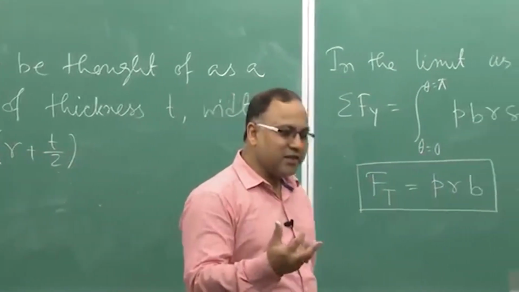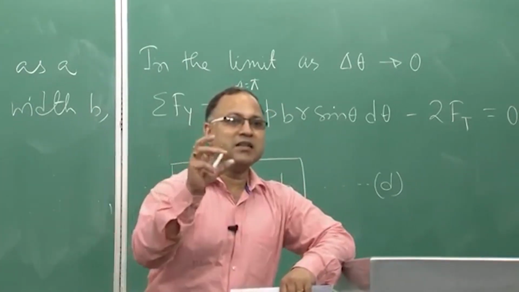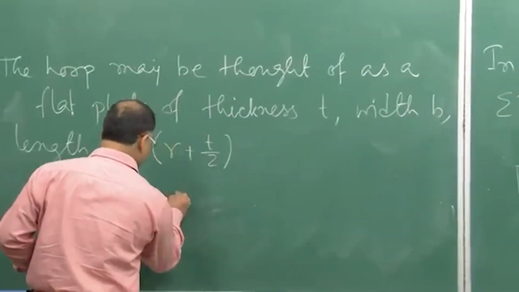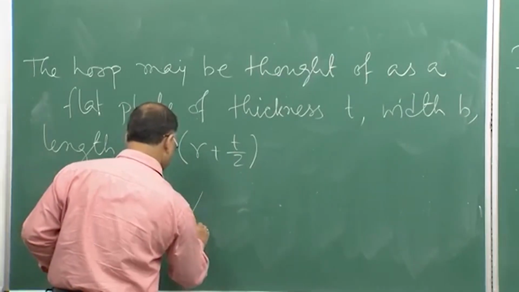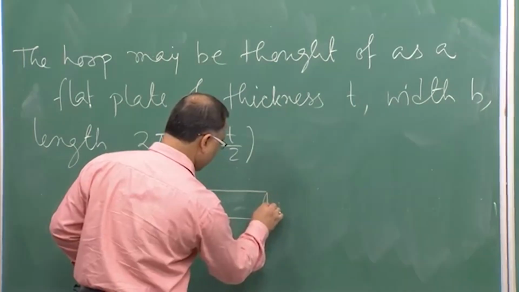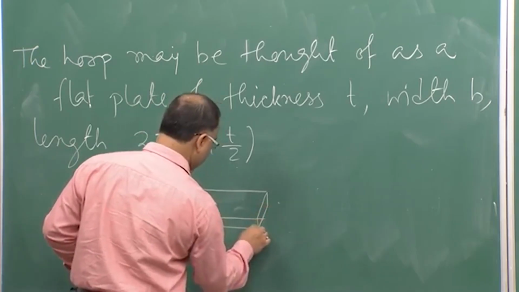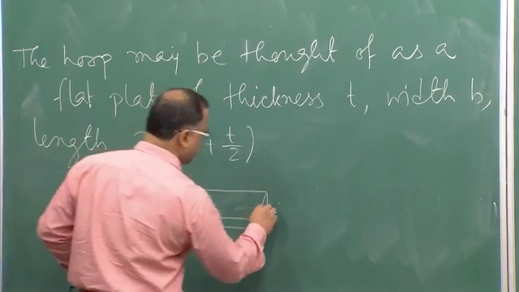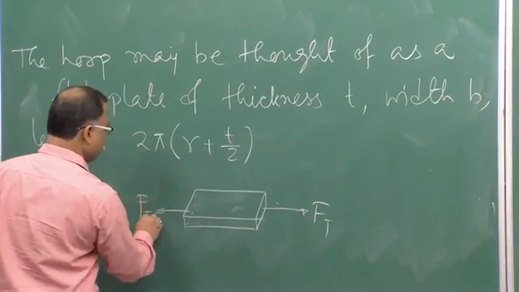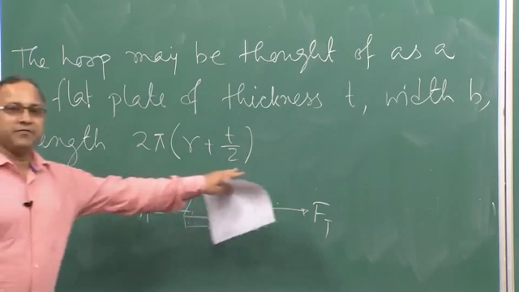So, that means as if a uniaxial flat plate is under the tension of F t, under the force of F t. As if it will be looking like this. As if the flat plate is under the tension of F t like this.